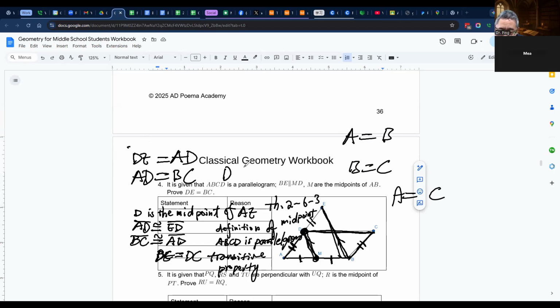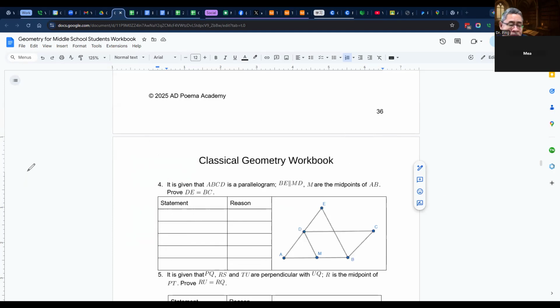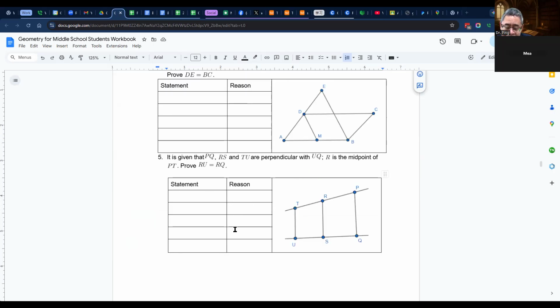So therefore DE is equal to BC. So that's how I prove this one. Okay, are we good on this one? Yeah, very good.